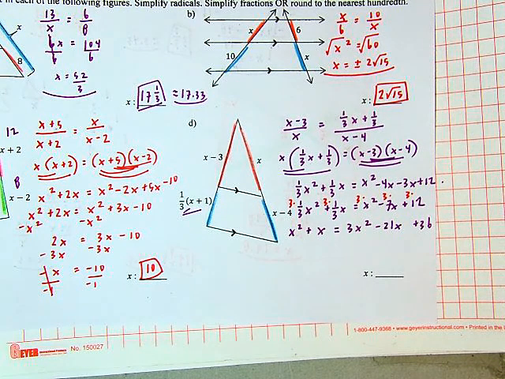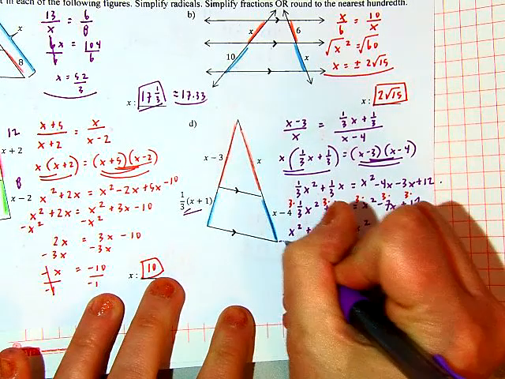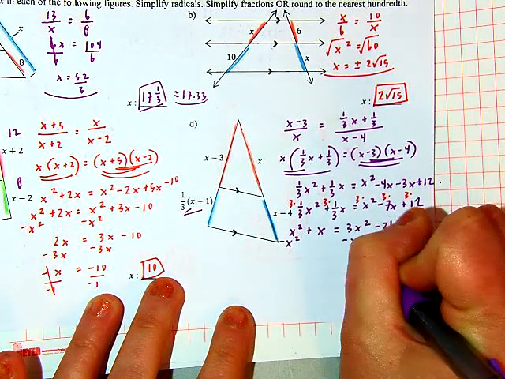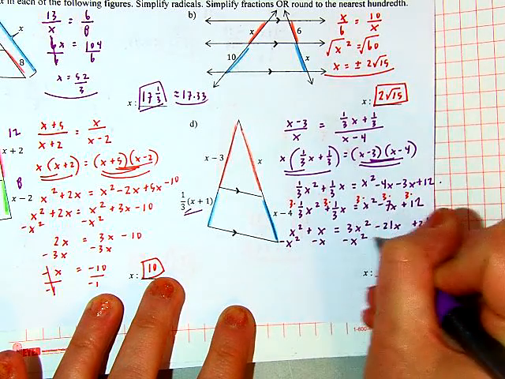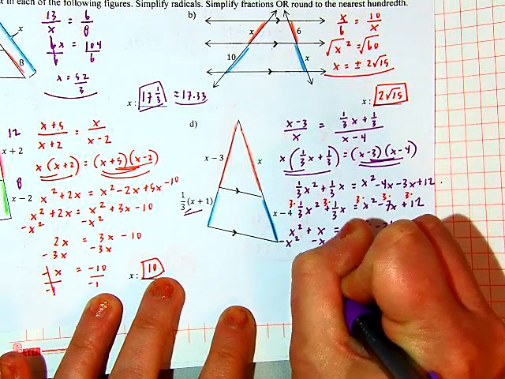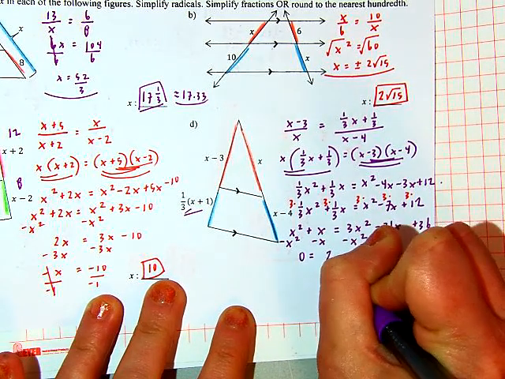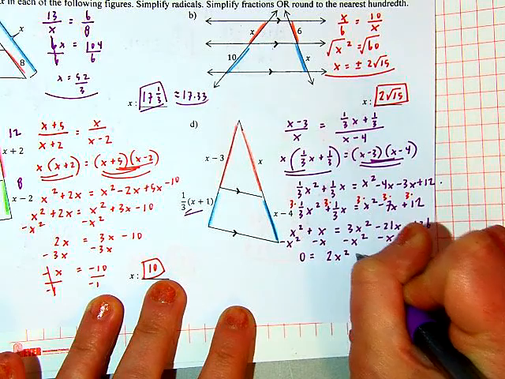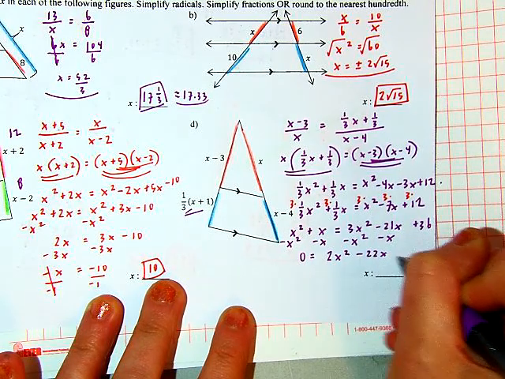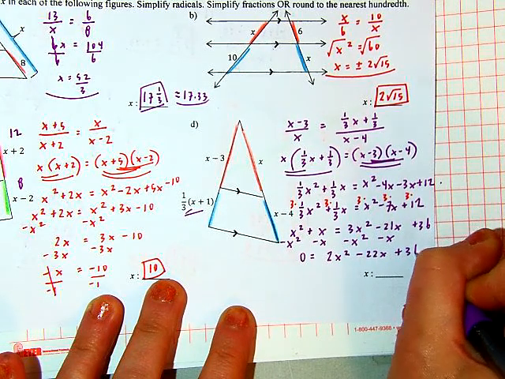Phew, that looks a whole lot better. So now I want to pull everything to one side. I want my equation set equal to 0. So I'm going to take away the x squared and the x. So 0 equals 2x squared minus 22x plus 36.